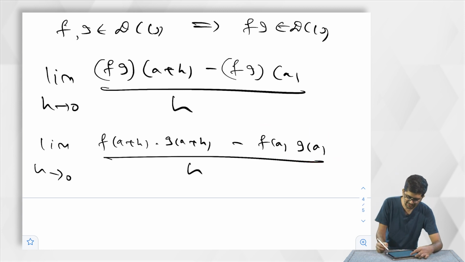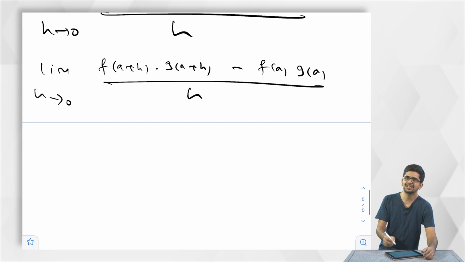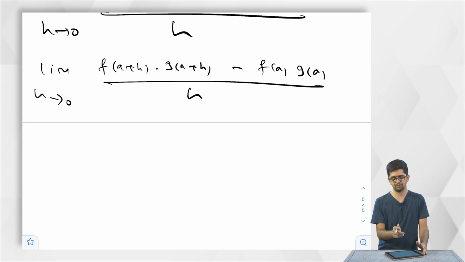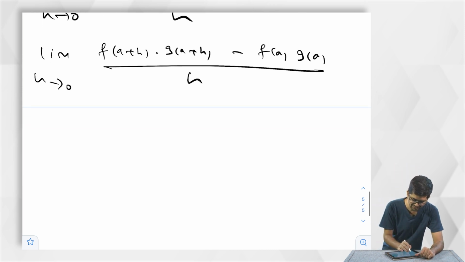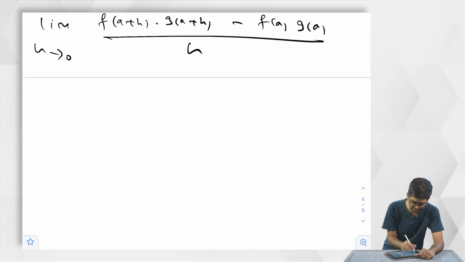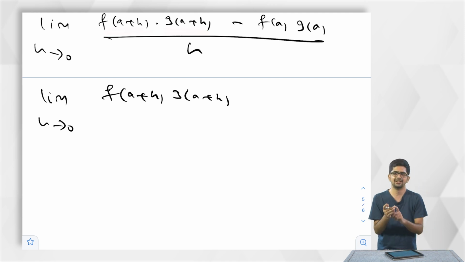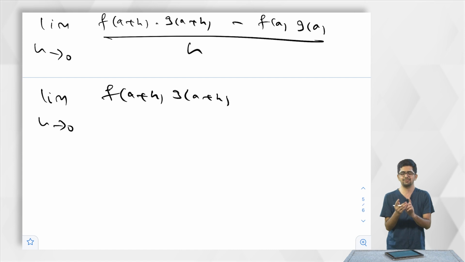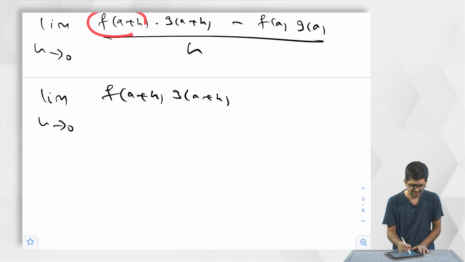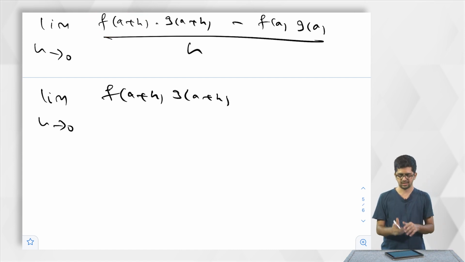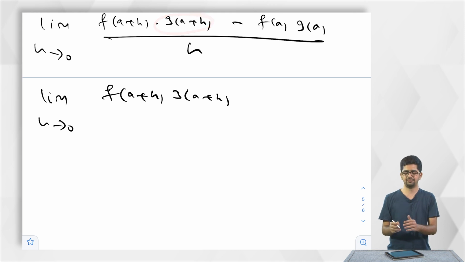So what we do is we will just try to add and subtract some component. You might have seen this in a previous class also. So what we are doing is f of a plus h, g of a plus h. What I want is to take one of these as common and get a limit that I already know, f of a plus h minus f of a by h, or g of a plus h minus g of a by h.